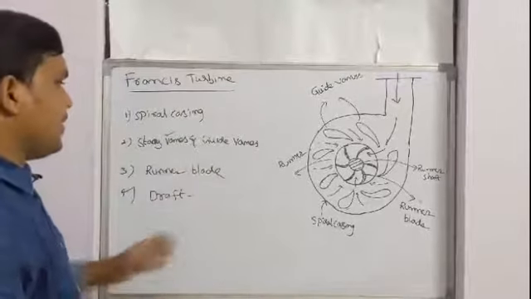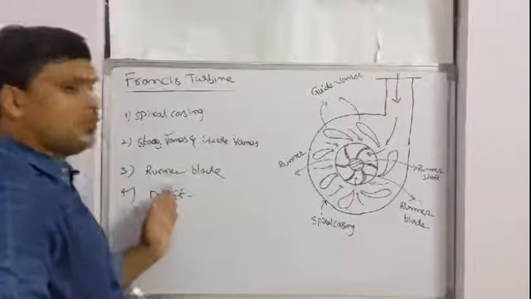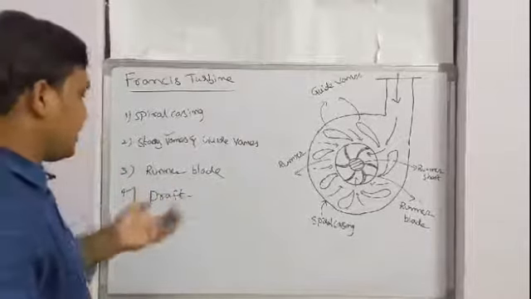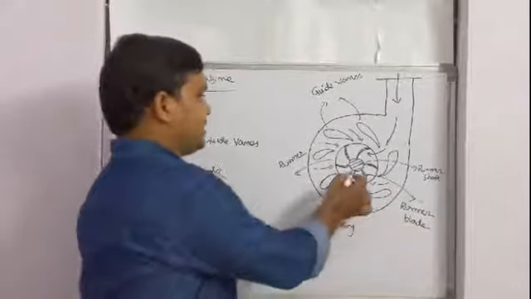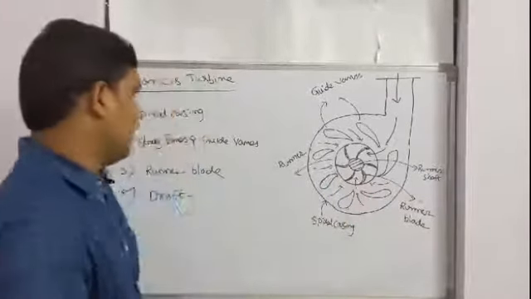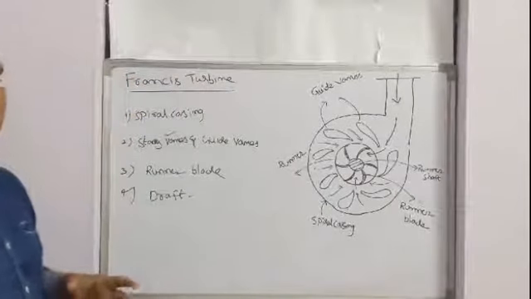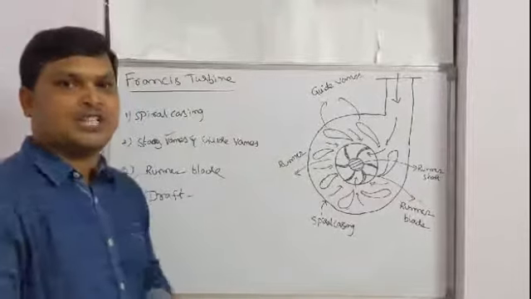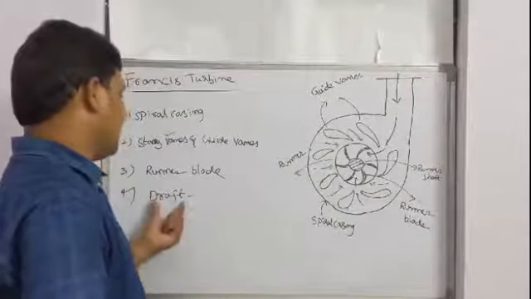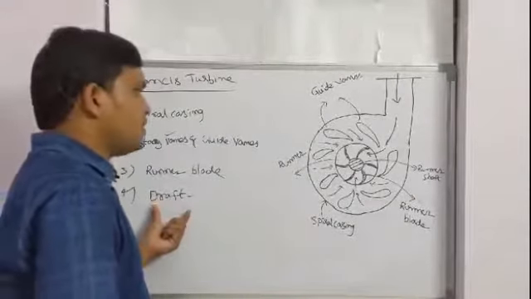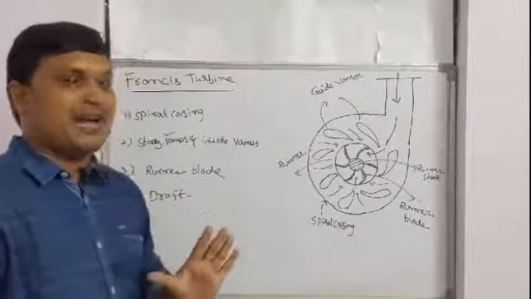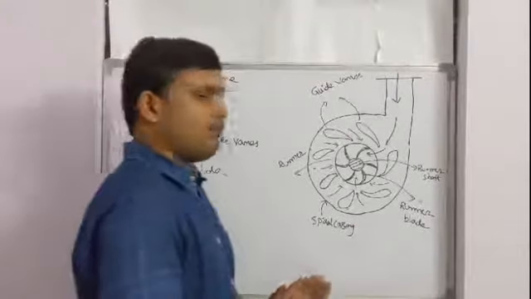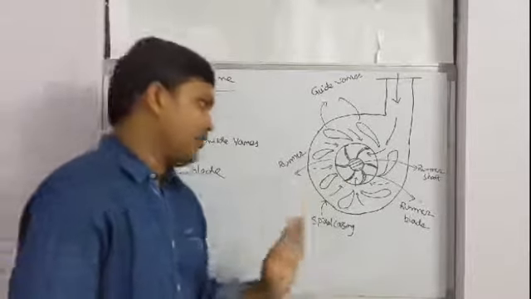And the last one is the draft tube. The draft tube is used for decreasing the pressure energy at the end of the runner. By decreasing the pressure energy, we utilize more kinetic energy for producing more work. The draft tube is particularly used for reducing the pressure below atmospheric pressure at the end of the runner.